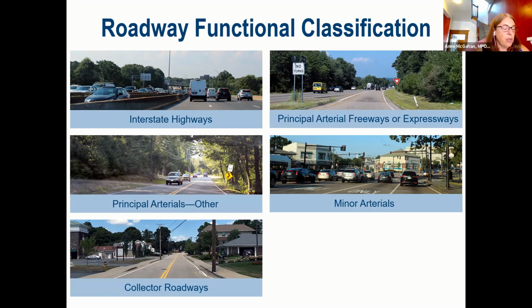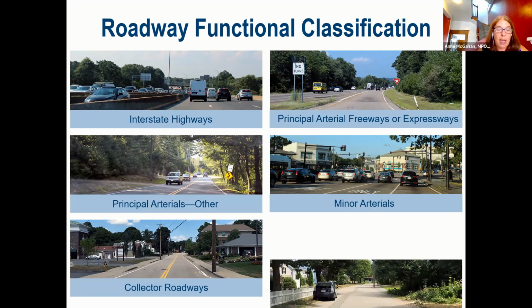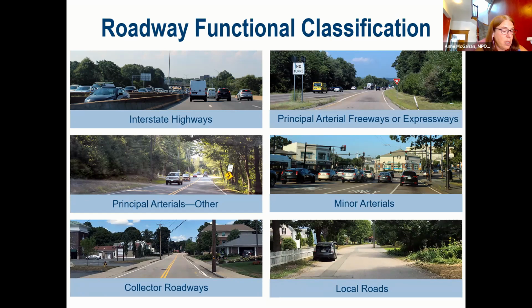Collector roadways serve a critical role in the roadway network by gathering traffic from local roads and funneling them to the arterial network. And local roads account for the largest percentage of all roadways in terms of mileage, but are not intended for use in long distance travel. Bus routes generally do not run on local roads and are often designed to discourage through traffic.